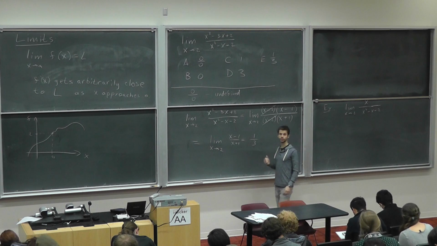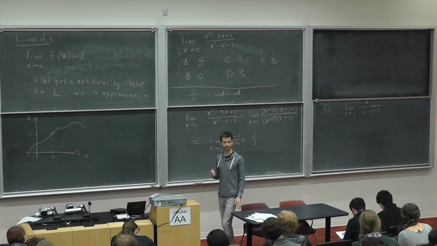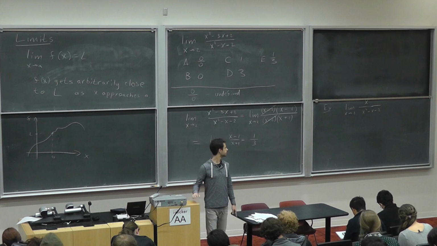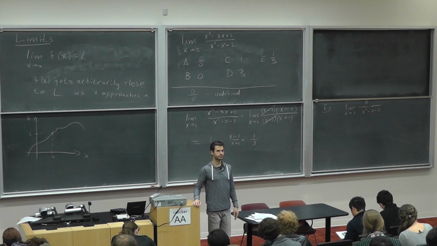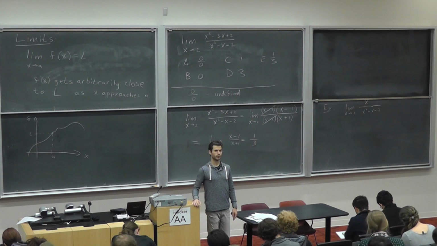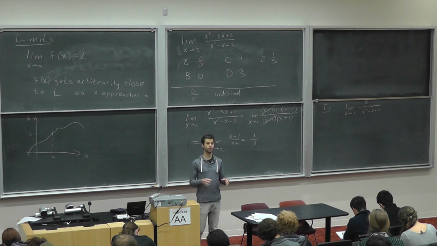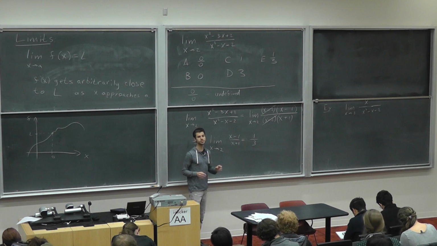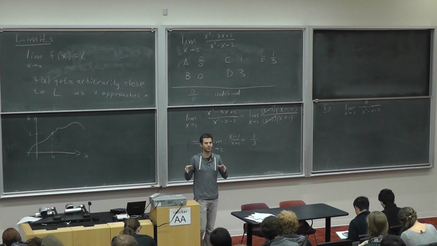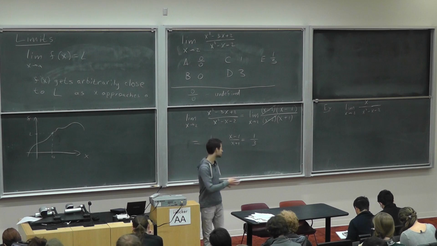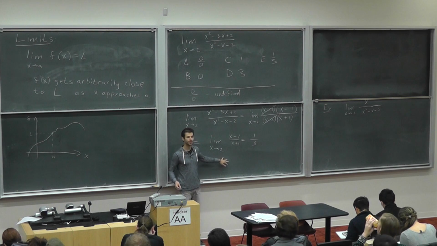So what can we say about this thing? The first step when you look at any question about limits is to try the simplest possible approach. And the simplest one is what we did here.